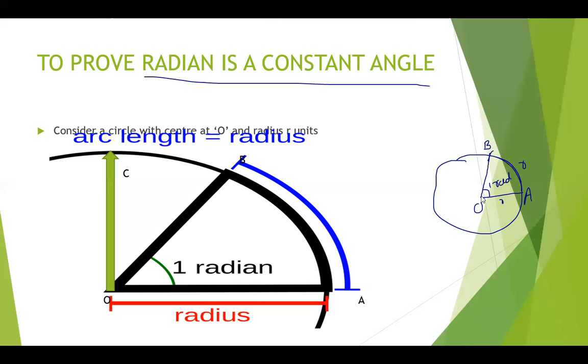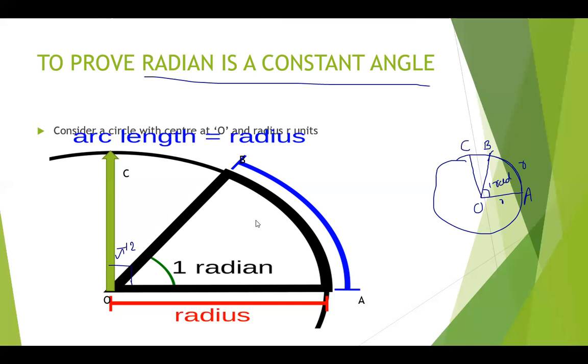I will draw a perpendicular. I will call this point C. Draw OC perpendicular to OA. Then angle AOC is 90 degrees.